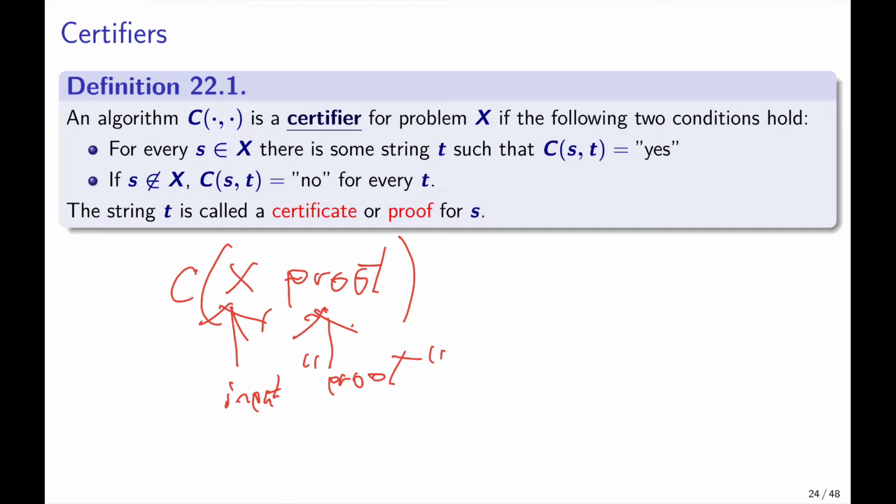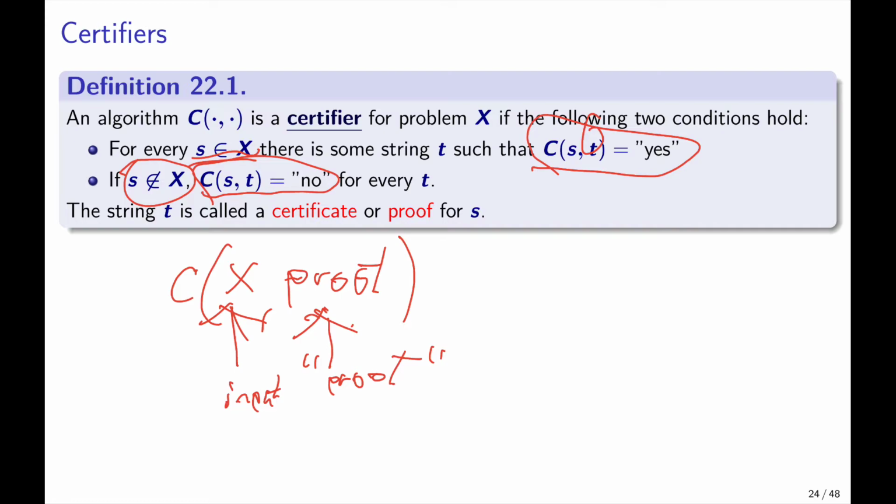Okay, so formally, a certifier is such that for every input in the language, there is a string T for which this algorithm returns yes. So for every yes instance, there is a proof that indeed the instance is in the language. And if a string is not in the language X, then the certifier would answer no for all inputs.